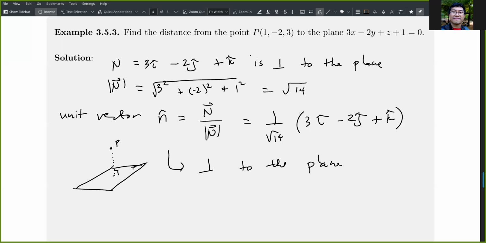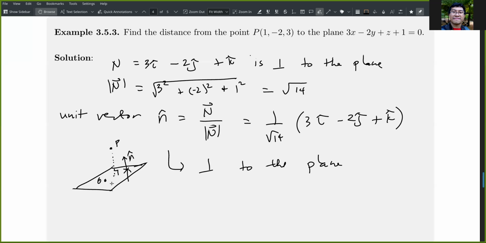What we are doing is, we know a unit vector perpendicular to the plane. We don't know its direction. It could be up here or downward, doesn't matter, as long as it's perpendicular. We can find a random point here.